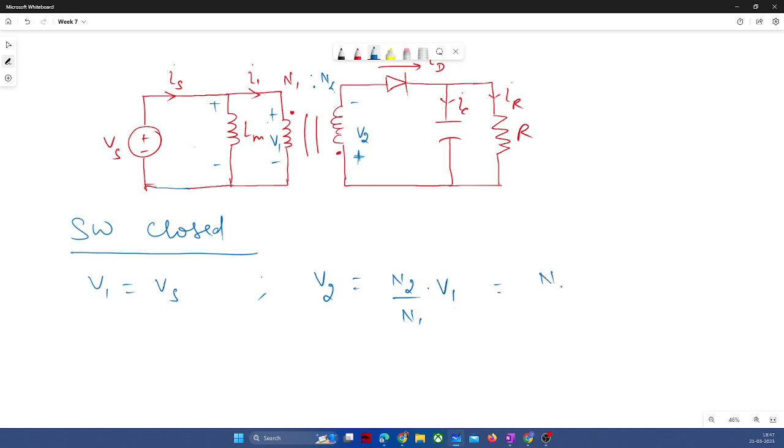It means N2 by N1 into Vs. Now, the negative of the voltage is connected to the anode of the diode. So your diode will be off till the time the switch is on. Right? So we will remove the diode for this period.